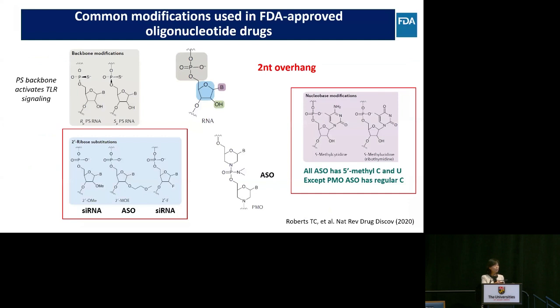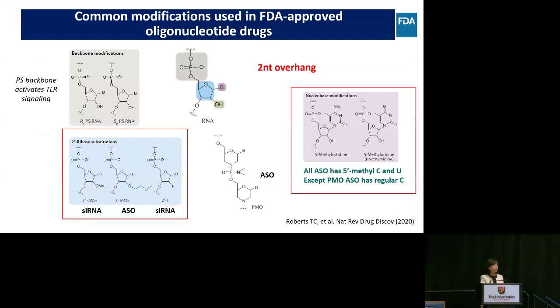So indeed, it's considered. This shows the common modifications used in FDA-approved oligonucleotide drugs. As Dr. Agrawal explained, a lot of oligo drugs have a PS backbone to increase their stability, but unfortunately, this PS backbone can trigger TLR signaling.